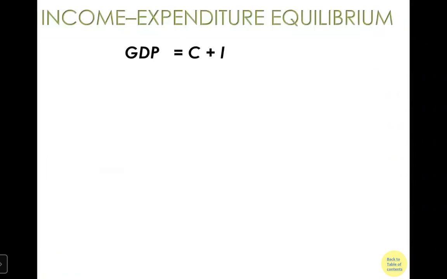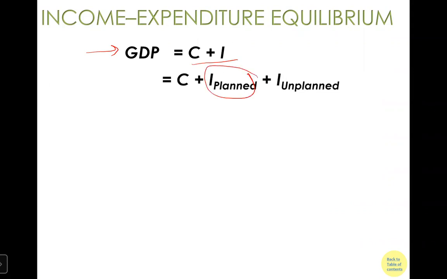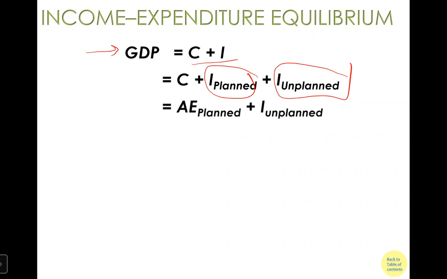Okay, very good. So we can add them together. Okay, so we start with this equation: GDP equals C plus I. And I includes planned investment plus unplanned investment. Right? Okay, so next, we put these two terms together, we call it planned aggregate expenditure.